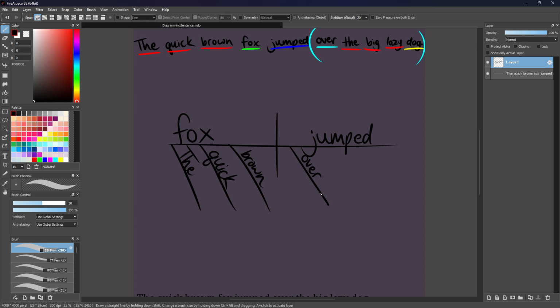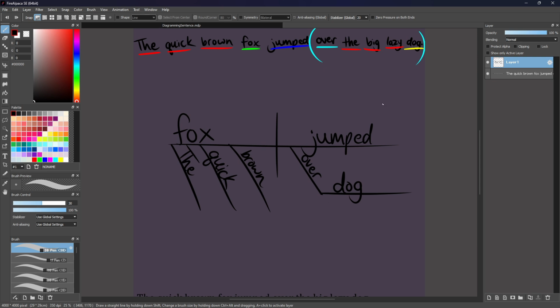Because just like the other noun in the sentence, dog is a noun that is being described by the big and lazy. So now we will draw a horizontal line that extrudes out from the end of the diagonal line that over is on. We will write dog on this horizontal line. This is what I've already written. And it's diagrammed this way because over is directly referencing dog.